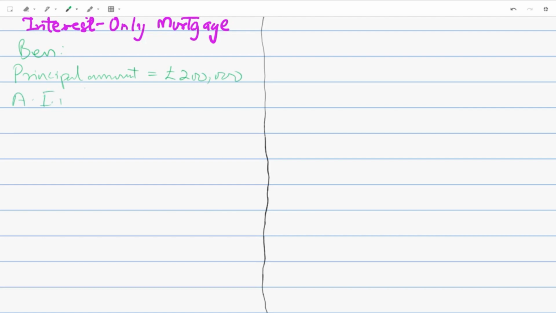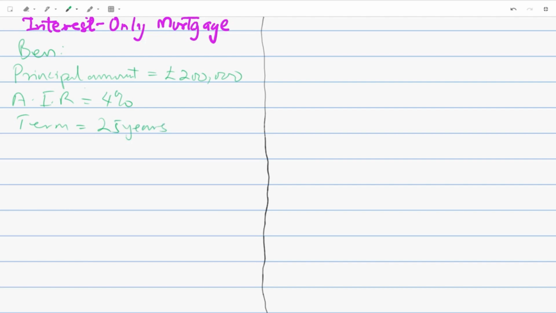The annual interest rate for this particular example is 4%. Term as usual, let's say 25 years.